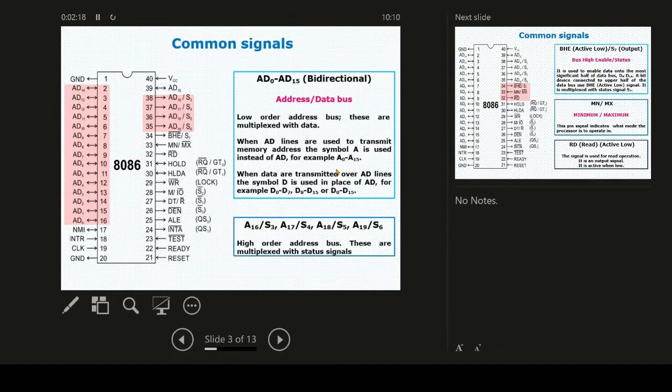This is the main work of the address and data buses, which are bidirectional. It will transmit the data, for example to a data transceiver, and also receive the feedback. It's a two-way process.